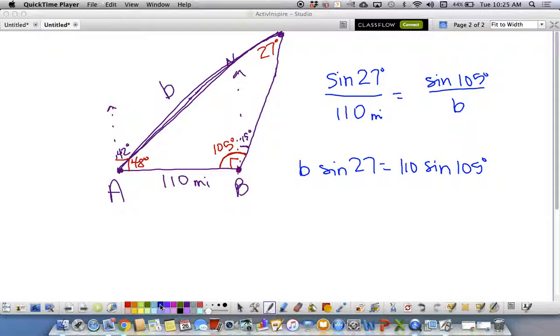I've never been a huge sig fig police. But the book contradicts itself so much, this book that I have, that I don't like it. Should it be 2 sig figs? Yes, but they give 3.